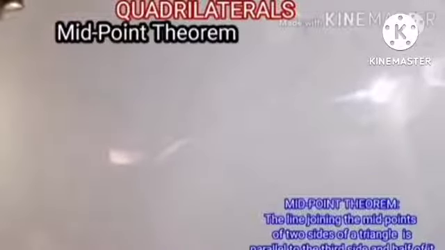So what is the midpoint theorem? The line segment joining the midpoints of any two sides of a triangle is parallel to the third side, and we can also say that the line segment is half of the third side.